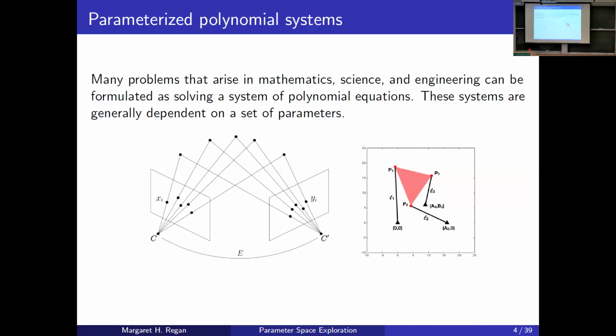And the xi and the yi are these parameters that depend on our data from our specific problem. And our goal, we'll talk about the goal of this problem later and results, etc. And then on the right is a kinematic mechanism where the leg lengths are the parameters for our system. So we have this polynomial system that will answer some question that depends on parameters.